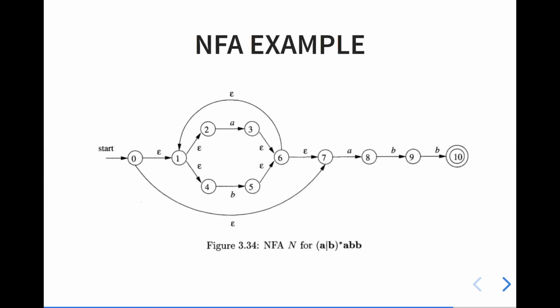Okay, so here's an example for A or B, Kleene star, followed by A, B, B. So concatenation looks pretty straightforward, right? The sub-expression for A is just two states with a transition on A. And concatenation just lines up the output state to the input state for each of these.